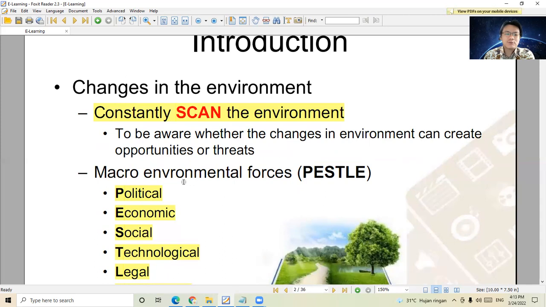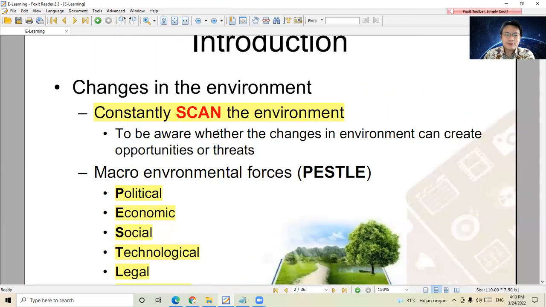That's why it's so important to scan the environment constantly. So in other words, we have to really take careful attention to the environmental forces surrounding us.